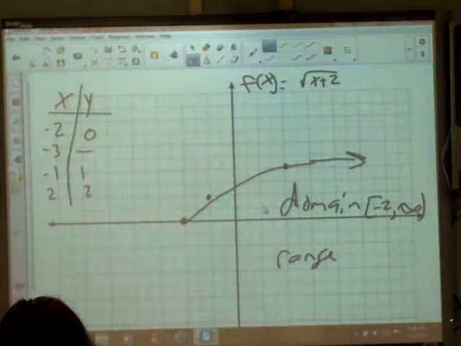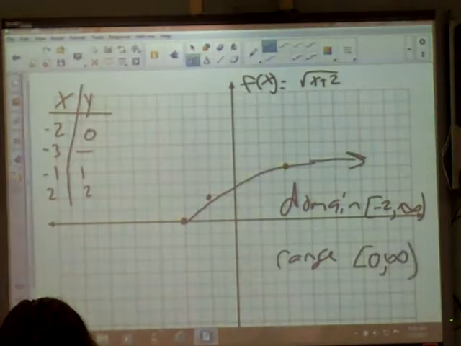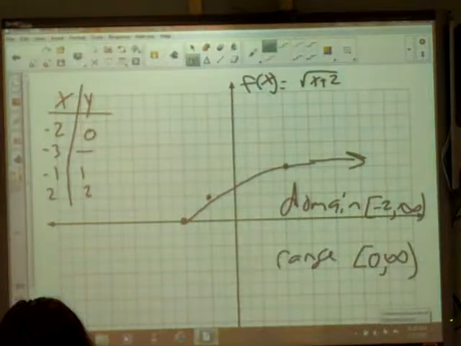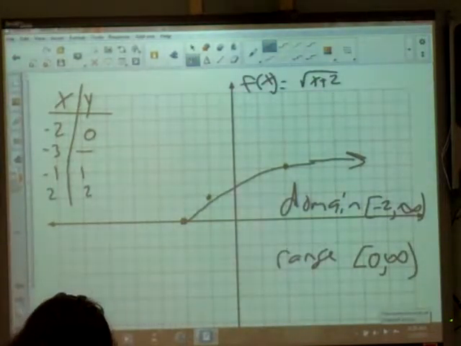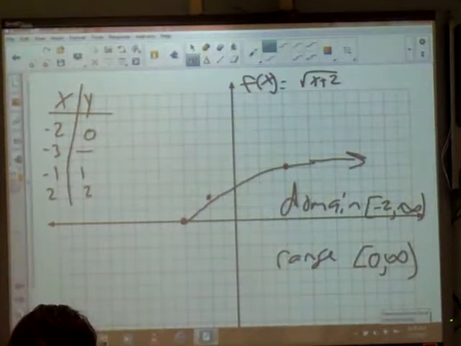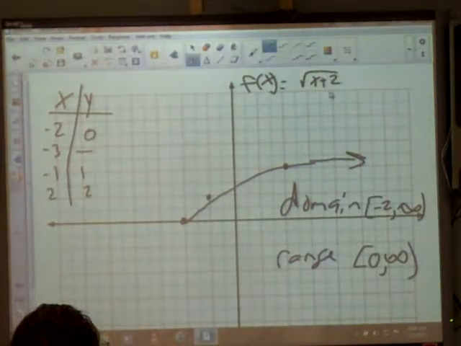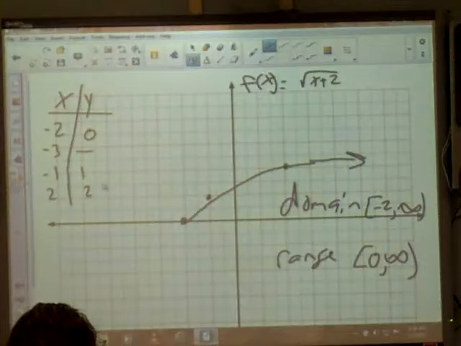What about my range? Does it ever get lower than this? No, so it would go from 0 to infinity. Now you could type all that into your calculator, so you can graph it in the calculator if you don't remember how to do your input-output table.